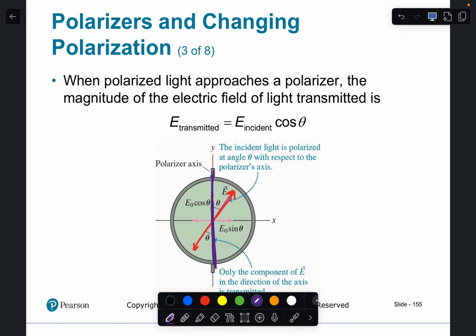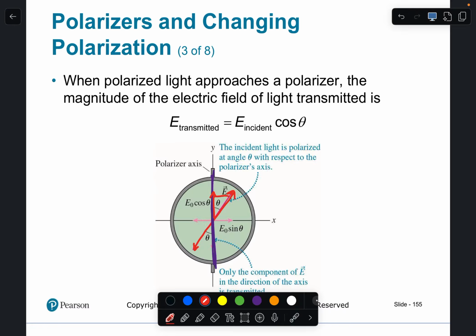Then the only component that's going to pass through is the component of E along this direction. And you can see that using vectors and right triangles, that magnitude is E naught cosine theta, because this is the adjacent side to the hypotenuse and to this angle.